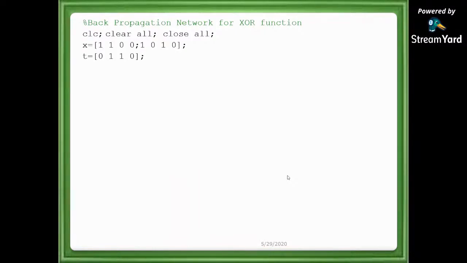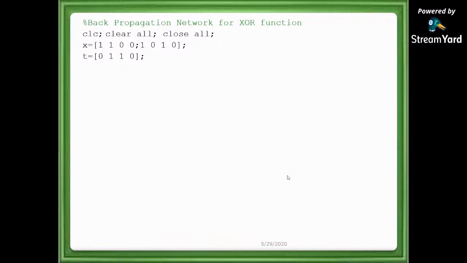Now the first process in writing a program is giving the inputs and the targets, right? Can you say what this X corresponds to? XOR function, XOR gate, right? 0, 0 means 0. 1, 1 means 0. 0, 1 is 1. 1, 0 is 1, right? So here how many outputs do I have? 4 outputs.